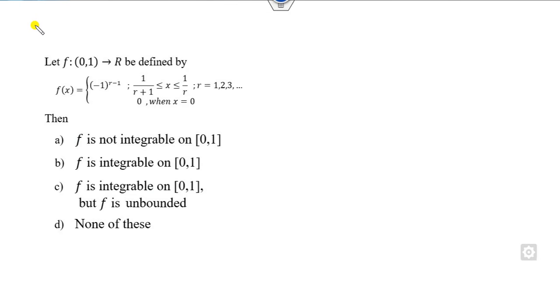Okay, look at this another one. Clearly this function is bounded, because it lies between -1 and 1. Once we prove it is bounded, your target is to prove whether the function is discontinuous or not.